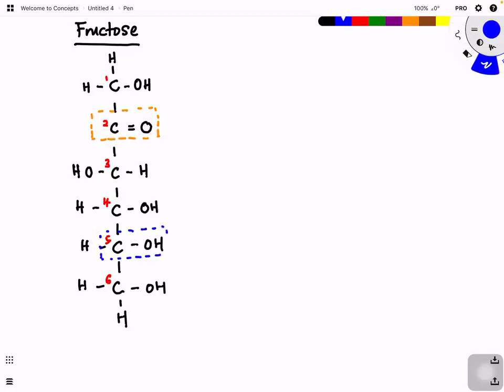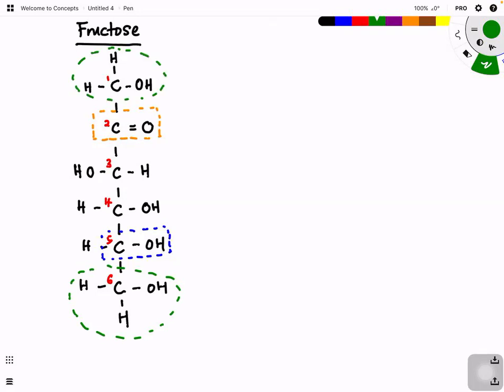So the oxygen atom of carbon 5 will join to carbon number 2. Carbon number 6 is not in the ring, outside of the ring, and carbon number 1 will be outside of the ring as well. Are you clear?